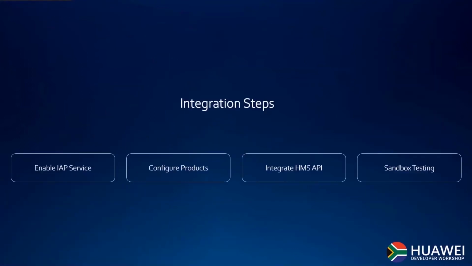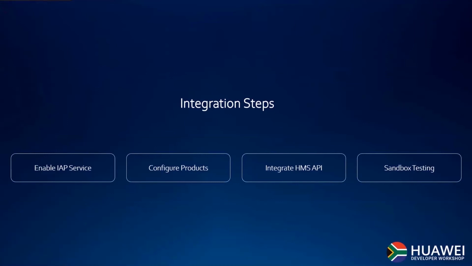Yeah. So when looking into integration and how you would get this service into your application, you would first have to go into your developer console and enable the IAP service on App Gallery console. After that, you would configure the products which you want to show on your app.